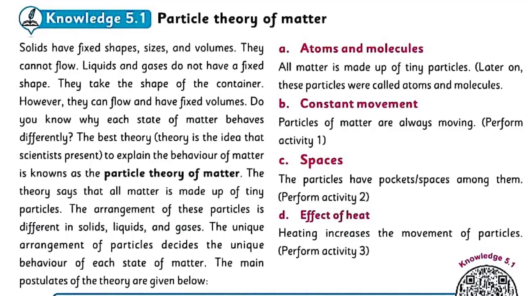The main postulates of the theory are given below. A. Atoms and molecules. All matter is made up of tiny particles. Later on, these particles were called atoms and molecules. B. Constant movement.